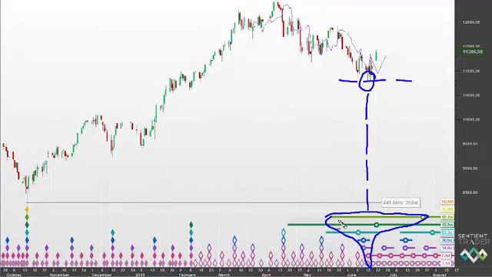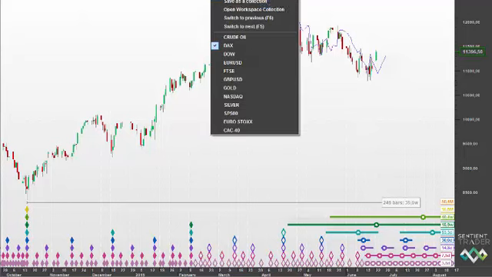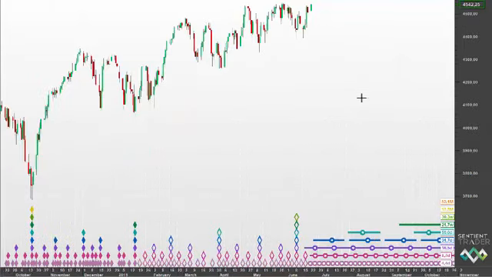Now, interestingly, you can see in the DAX we still have a nest of lows positioned at the foot of the chart. We don't have hollow diamonds. However, in the Nasdaq, we had diamonds positioned at the foot of the chart, and in the S&P 500, we also had diamonds positioned at the foot of the chart.